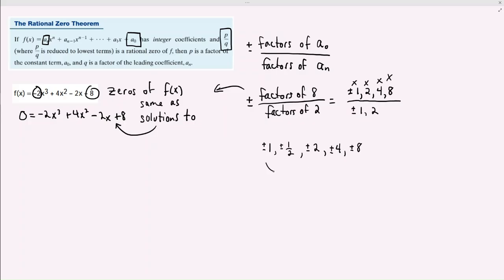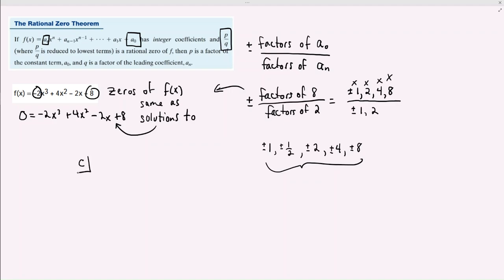Okay, so the only possible zeros of f of x, or solutions to 0 equals f of x, are going to be plus minus 1, plus minus 1/2, plus minus 2, plus minus 4, plus minus 8. So there's 10 possible solutions here, and we know how to check them with our synthetic division process.